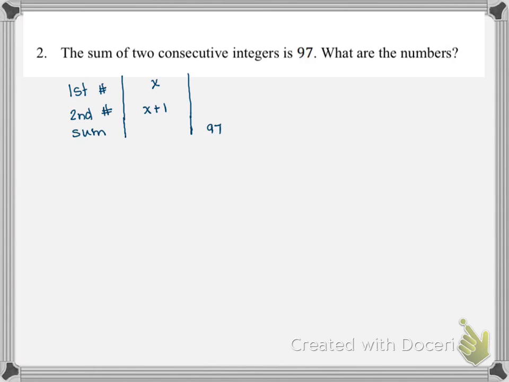And because that's what they gave us a set value for, we are going to express that sum both algebraically and then set that equal to the numerical quantity they gave us. So algebraically, the sum is just the two unknowns added together. And then that is equal to the value we're given.